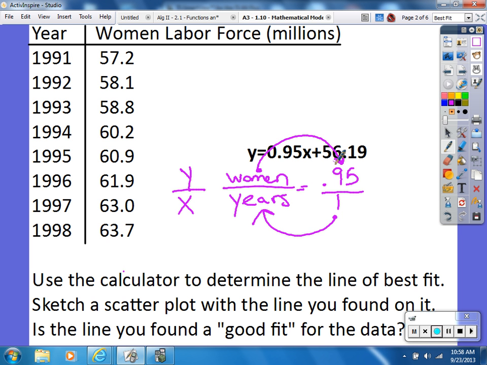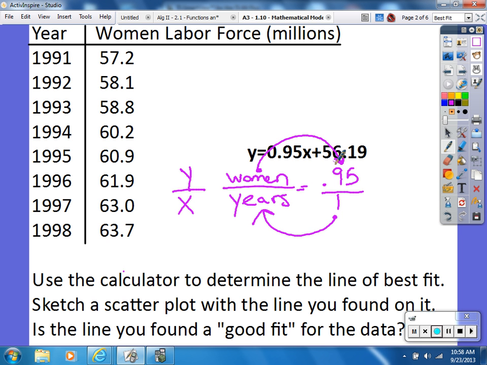Does everybody see how those numbers come out? Okay. On tonight's essential work, you actually have to find the equation of best fit, but then you have to be able to tell, what does that slope mean? And that's what it means in words. Does that make sense? 0.95.